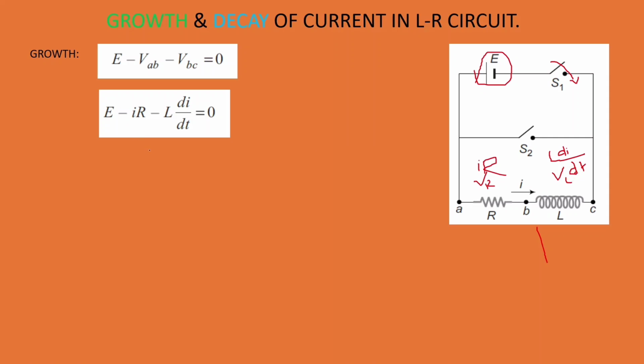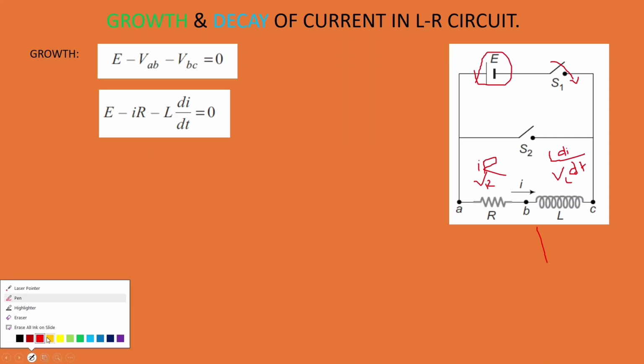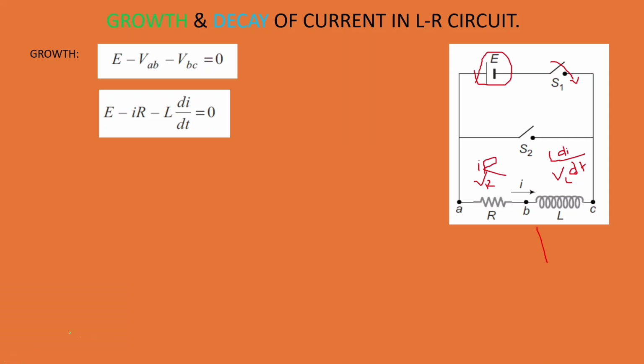Now we are going to rearrange this equation. Okay, this is the equation: L di dt equals E minus IR.